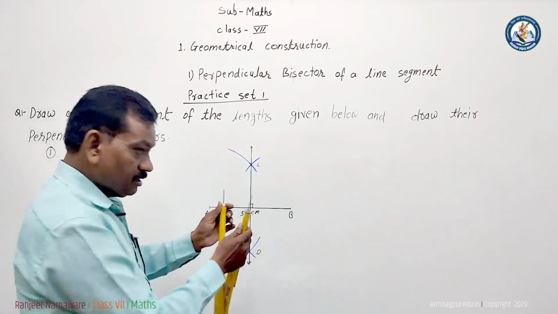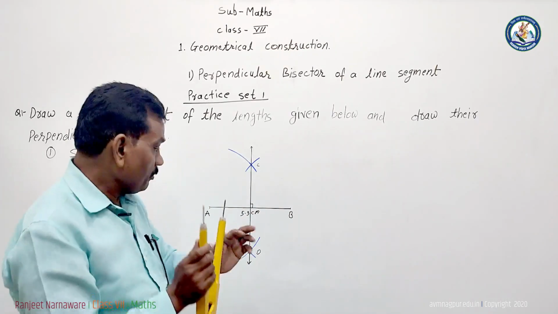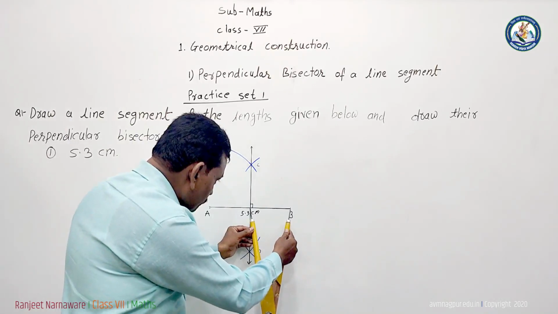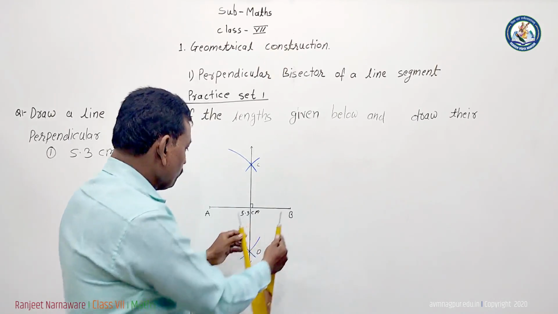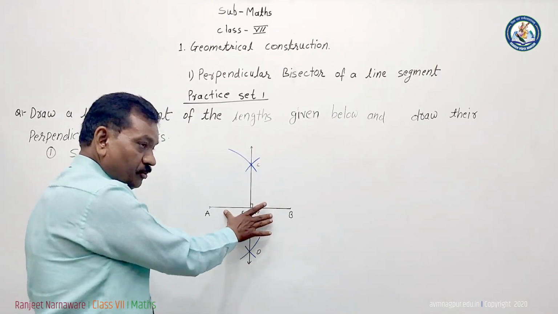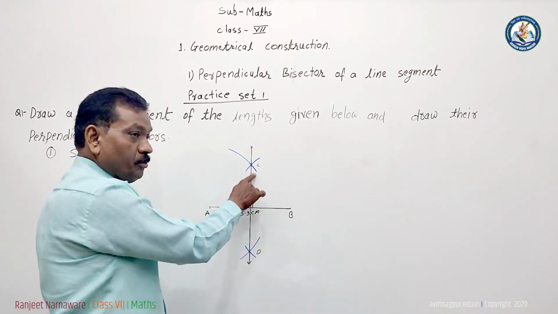This is the distance. It must be the same as this part. Then confirm it. Look at the figure. The distance is the same, means this line divides the given line into two equal parts, means it is a bisector.